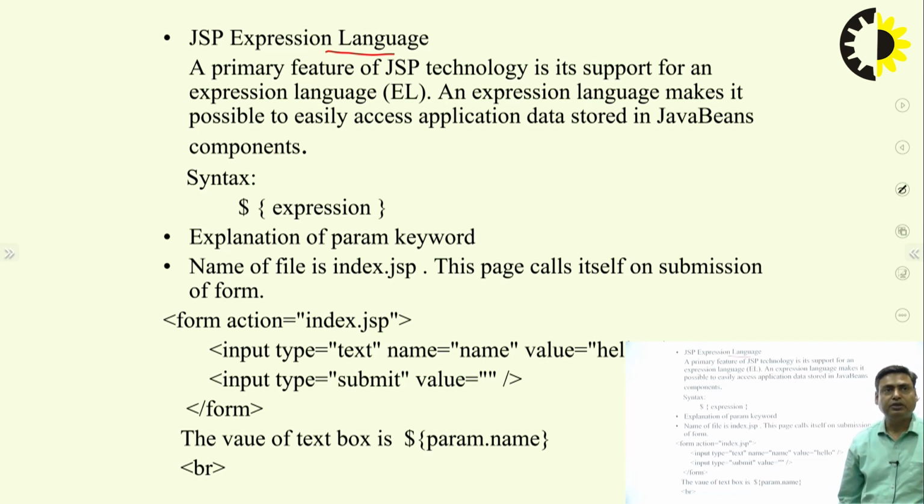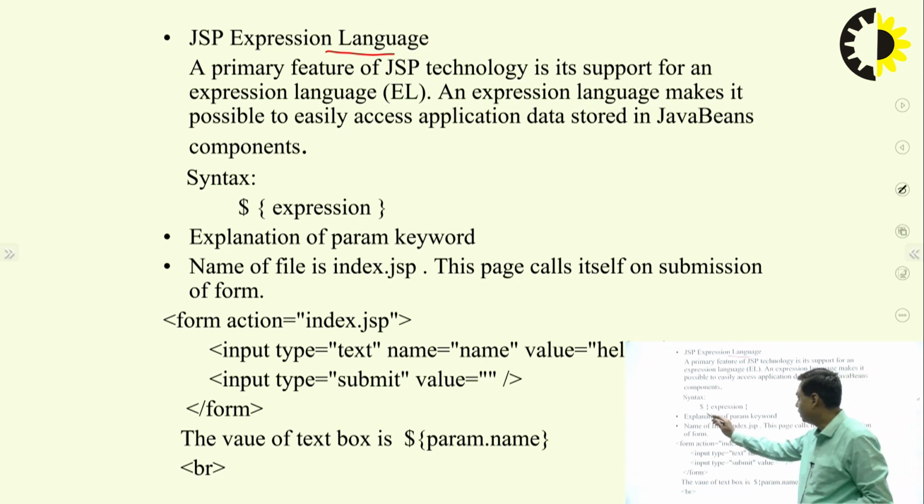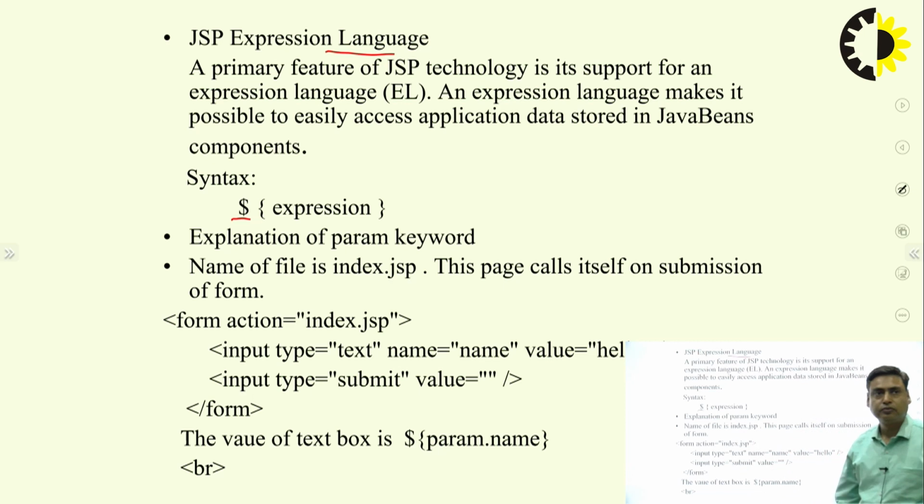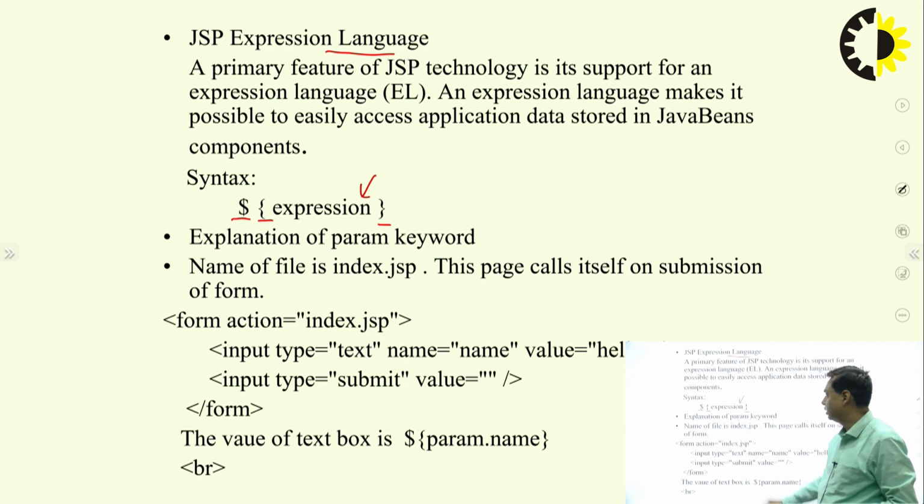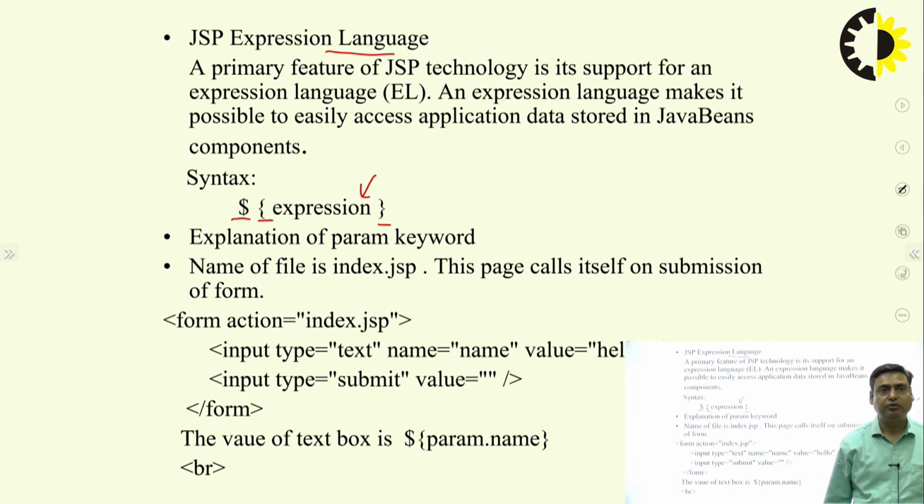To write any JSP expression language, the syntax is we need to write the dollar symbol, then we have an opening curly bracket, then an ending curly bracket, and write the expression in between. So, you can see any JSP expression starts from the dollar symbol and within the curly brackets we write the expression. Look at an example.